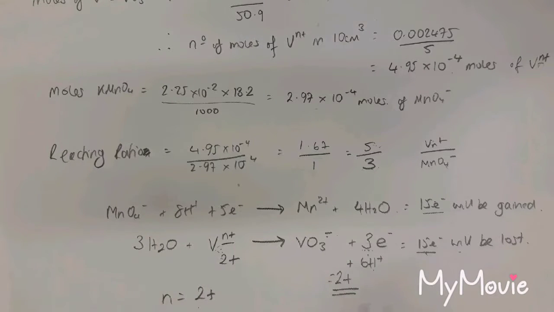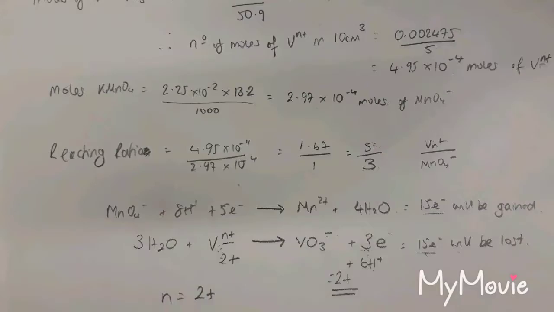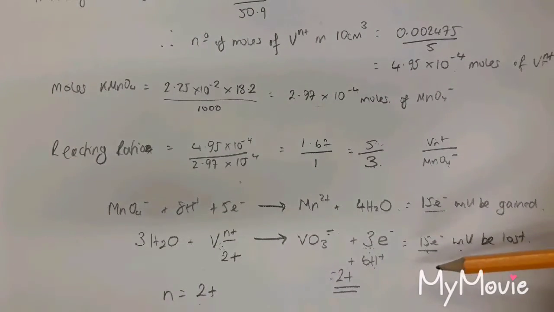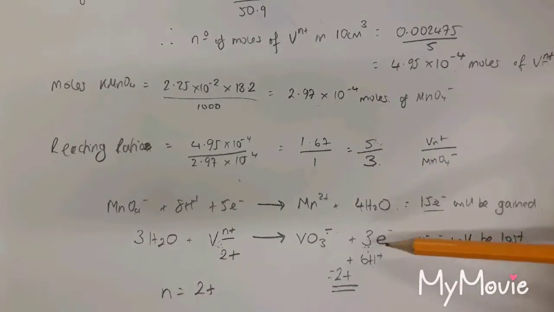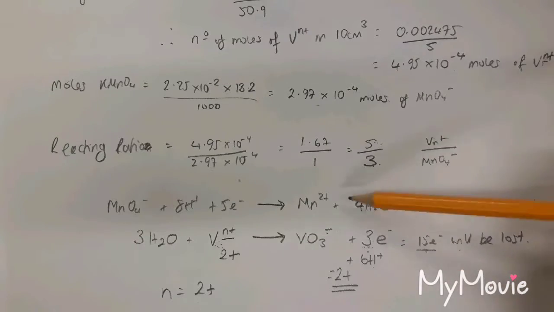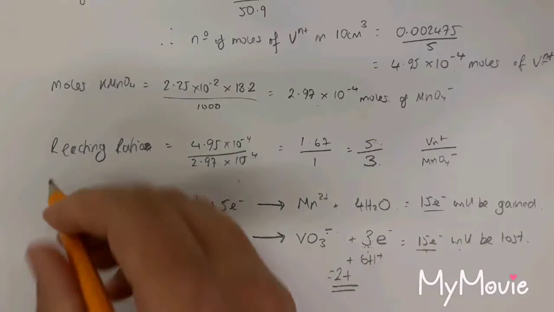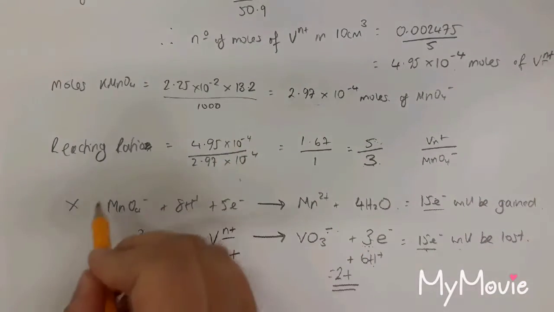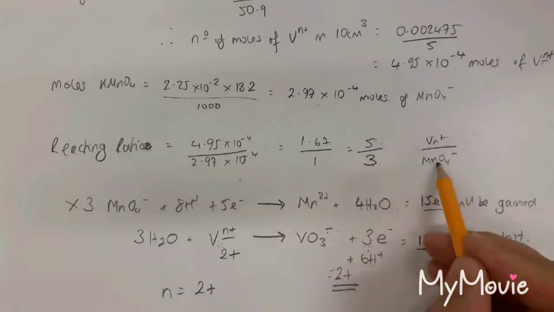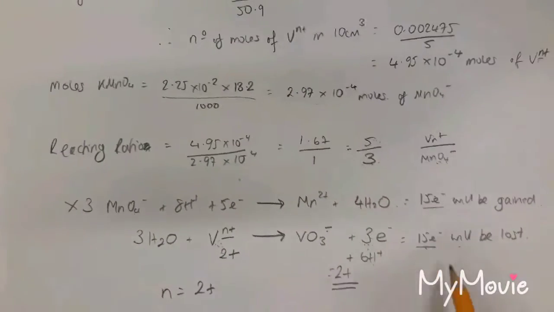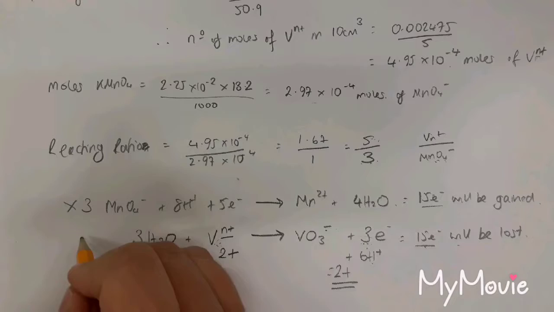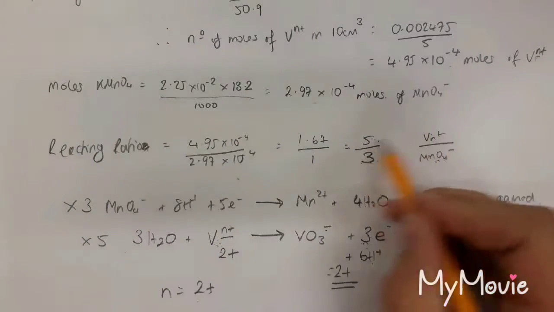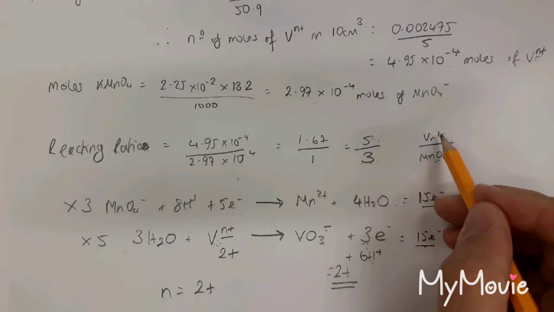We can now construct the overall equation. So to construct the overall equation, we need to make sure that the electrons are equal, and we know we need to have 15 on each side. So we're going to cross multiply. We're going to multiply this top reaction by 3, because we know that 3 manganate ions are reacting. And we're going to multiply this reaction by 5, because again we know that there's 5 vanadium ions reacting.